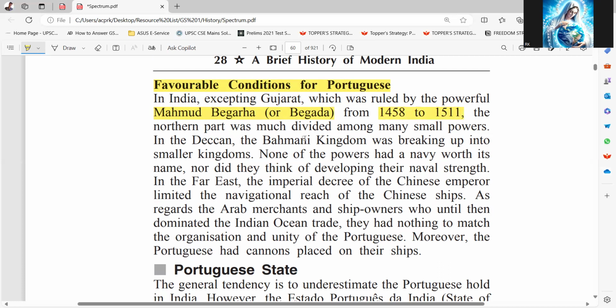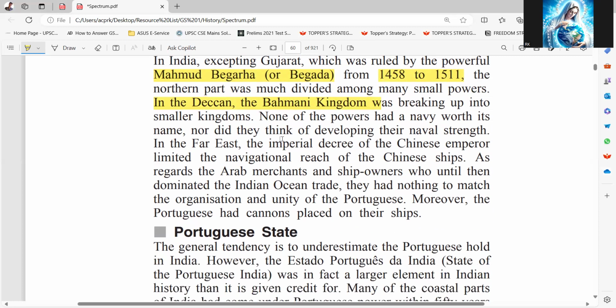The northern part was much divided among many small powers. In the Deccan, the Bahmani kingdom was breaking up into smaller kingdoms. None of the powers had a navy worth its name, nor did they think of developing their naval strength. In the Far East, the imperial decree of the Chinese emperor limited the navigational reach of the Chinese ships.